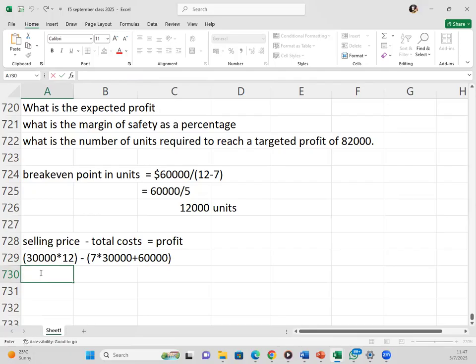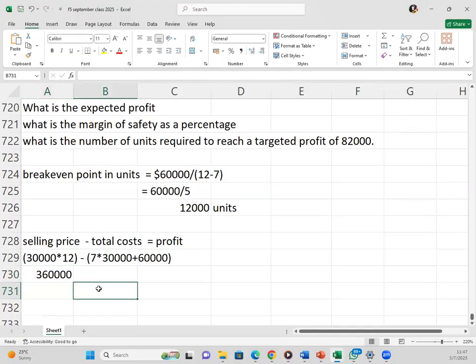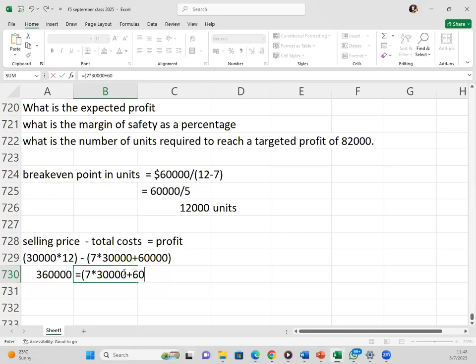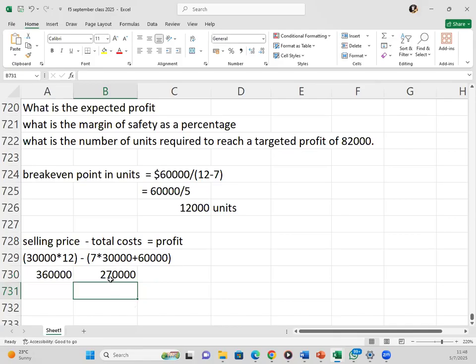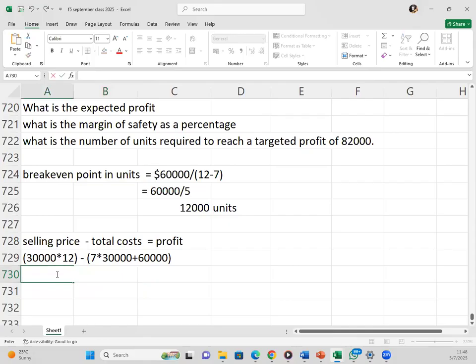So the profit we are expecting is 30,000 times 12, that's 360,000, minus 270,000.